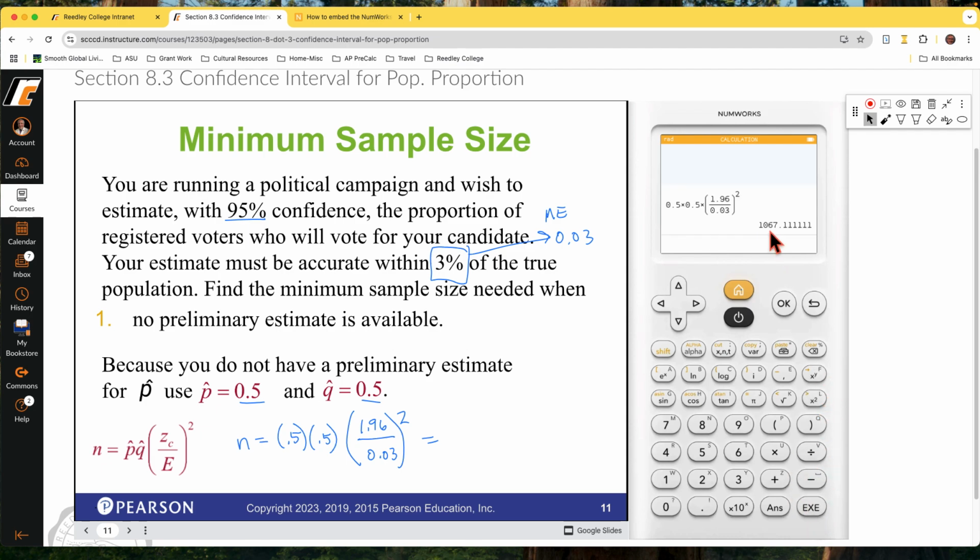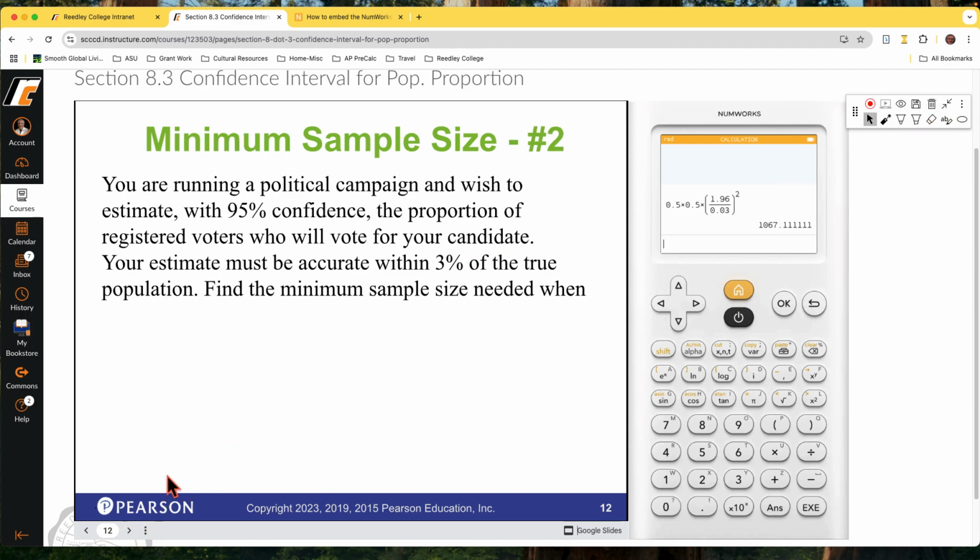And what it tells us is we need 1,068, because we're going to go up to the next highest number. Otherwise, 1,067 would be just a little bit not quite enough. I don't call it rounding, because you wouldn't round this down, but go to the next highest integer value.